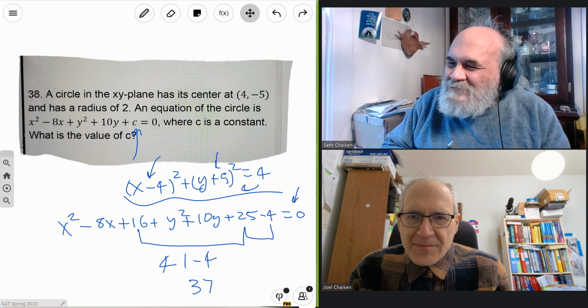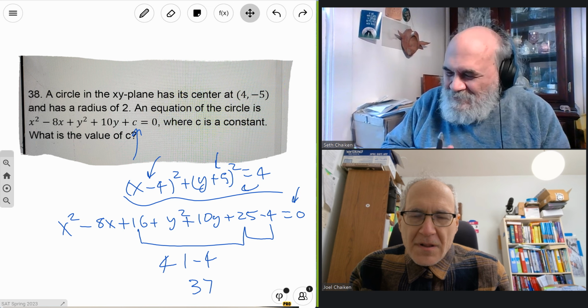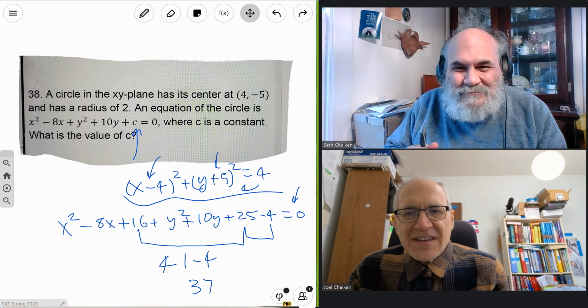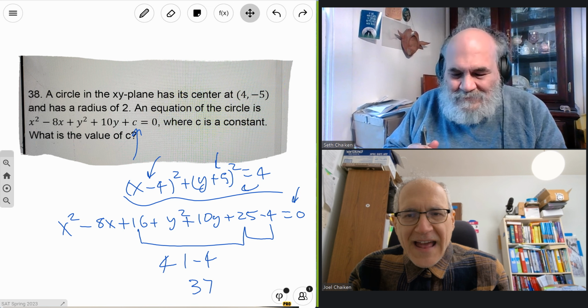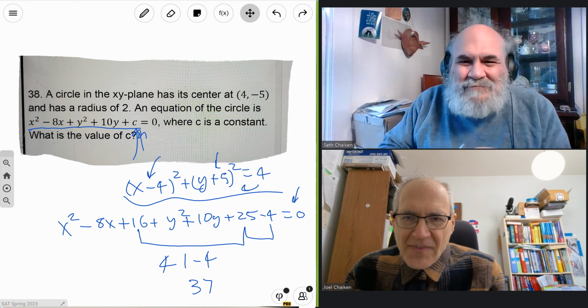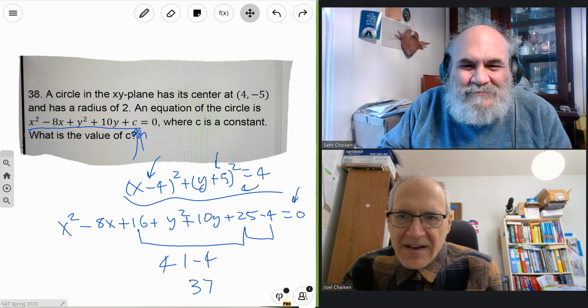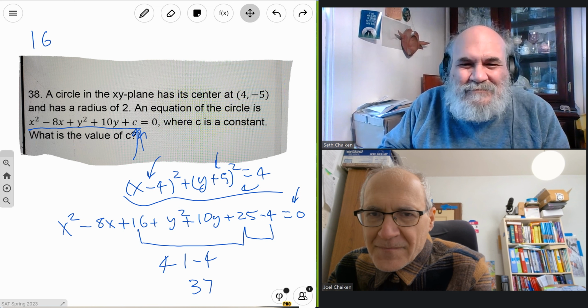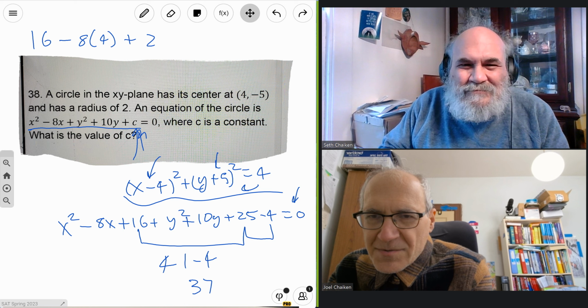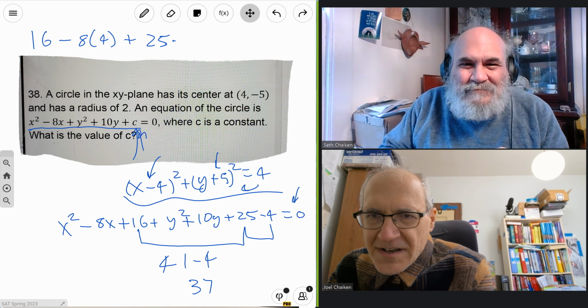So you don't have to plug 4 and -5 into the equation. If you wanted to plug 4 and -5 into the equation, that has to make the equation happy, so that'll give you c. You could try it: 16 minus 8 times 4 plus 25, negative sign, be careful, minus 50, plus c is 0.